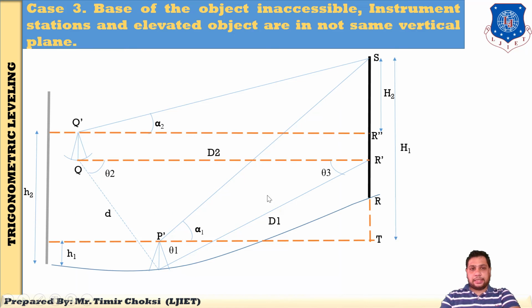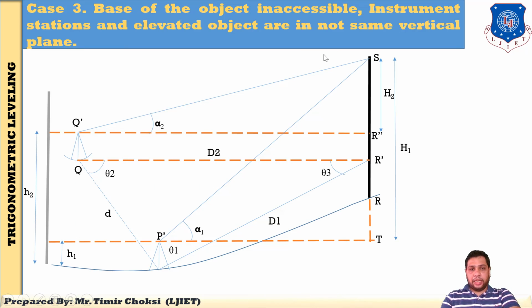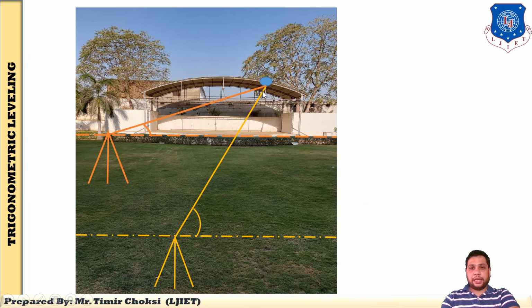Students, the third case: base of the object is inaccessible. In this case the object is inaccessible, but the instrument station and elevated object are not in the same vertical plane. When the object is inaccessible you use two instruments, but here the instruments are not set up in the same vertical plane.